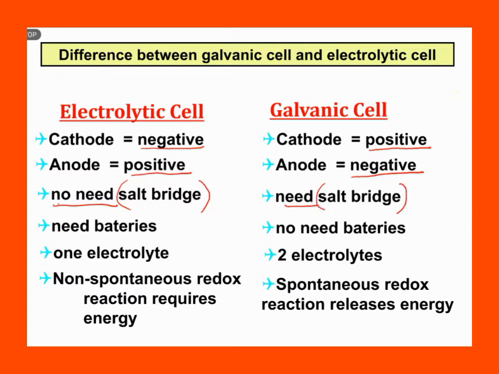An electrolytic cell needs a battery, but a galvanic cell does not. An electrolytic cell only uses one electrolyte, while a galvanic cell must use at least two electrolytes. And last, an electrolytic cell is a non-spontaneous redox reaction which requires energy, while a galvanic cell is a spontaneous redox reaction which releases energy.